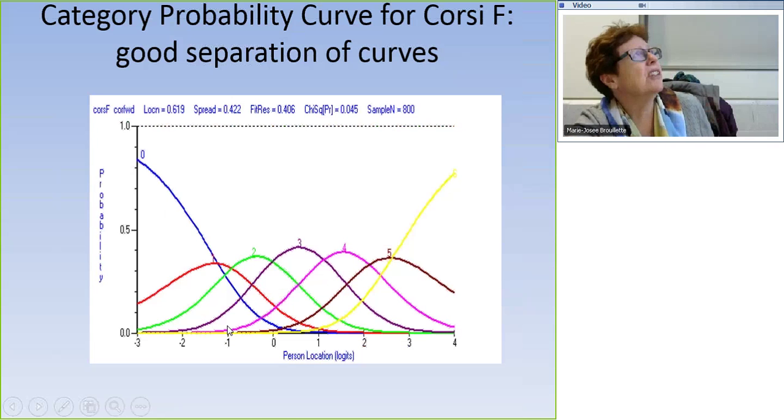This is to show you a little bit of how we deal with this granularity. So this is the Corsi, and this shows the probability of responding to this item. This is a very low end, and if you're very poor, the probability of responding to this is very high, and it'll go down.